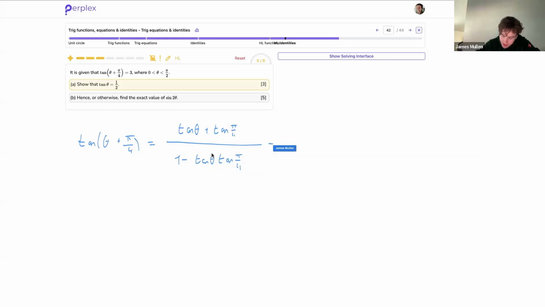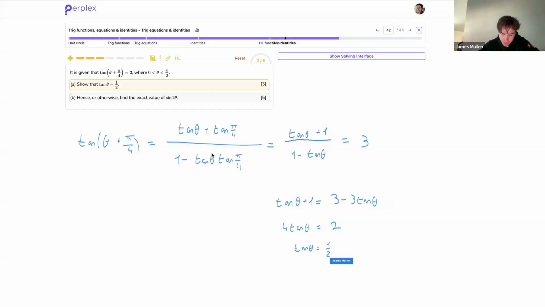Okay, so I can say that that's tan of theta plus 1 over 1 minus tan of theta, because tan of pi over 4 is just 1, and that's all equal to 3. Okay, so let me multiply both sides now, and I get tan of theta plus 1 is equal to 3 minus 3 tan theta. So in other words, 4 tan theta is equal to 2, so tan theta is equal to 1 over 2.